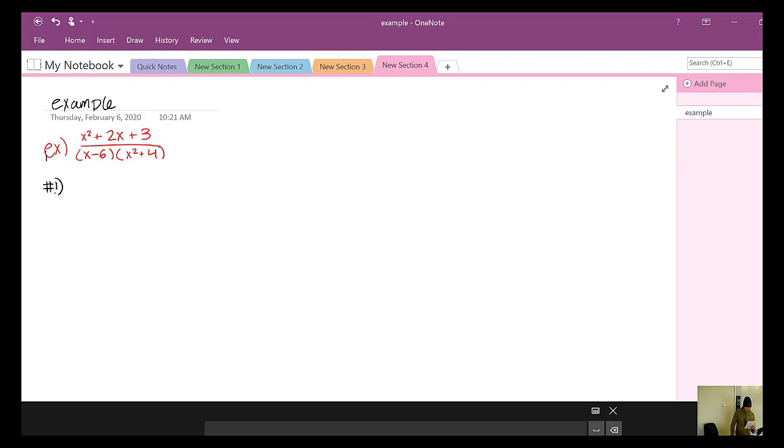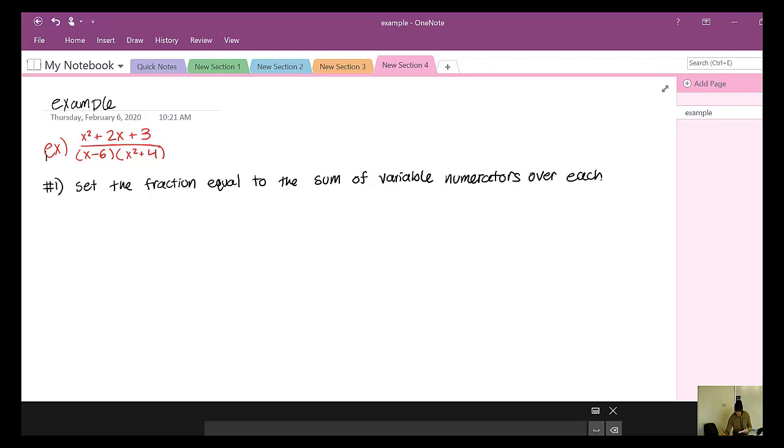Okay, so step 1. We're going to set the entire fraction equal to the sum of variable numerators over each denominator factor.